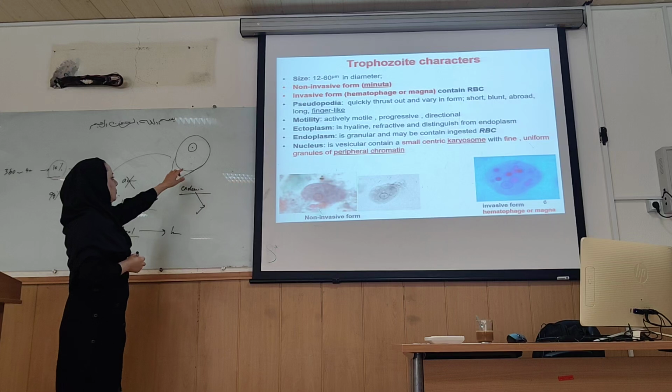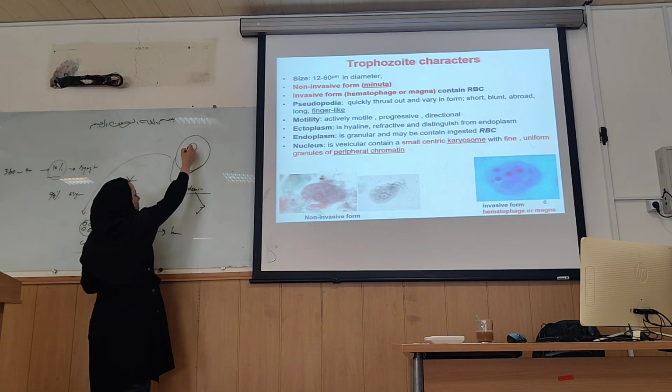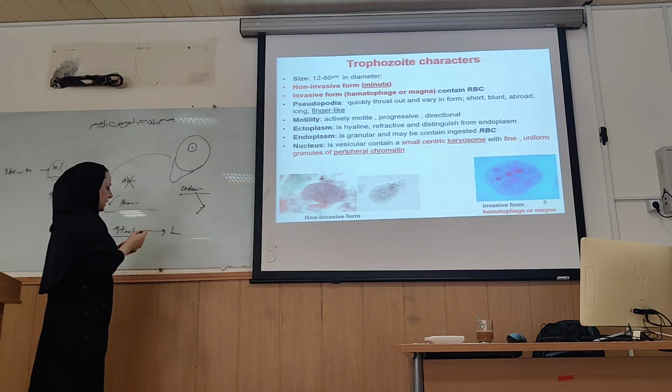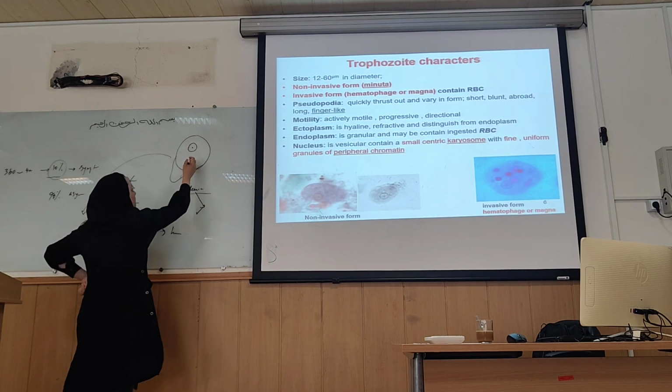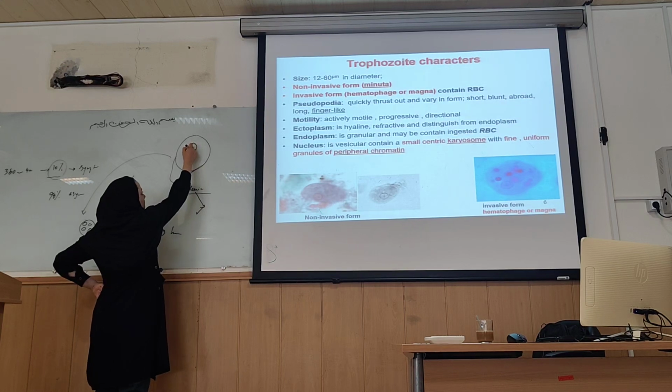But pay attention to the nucleus and the chromatin, and also the peripheral chromatin. The chromatin inside the nucleus that is attached to the nuclear wall is called peripheral chromatin. In histology, the peripheral chromatin is very fine and very tiny.